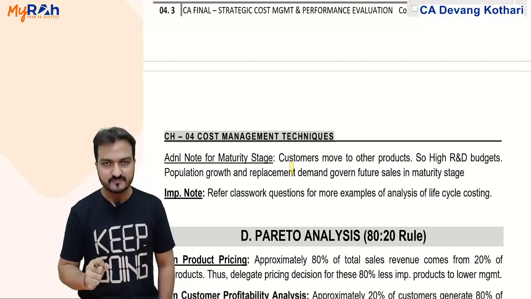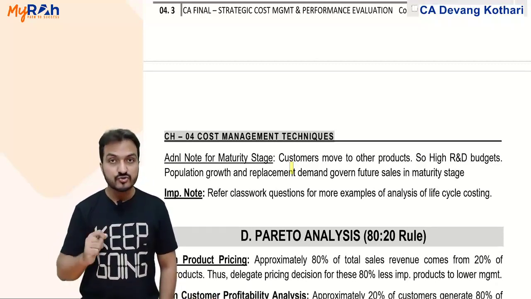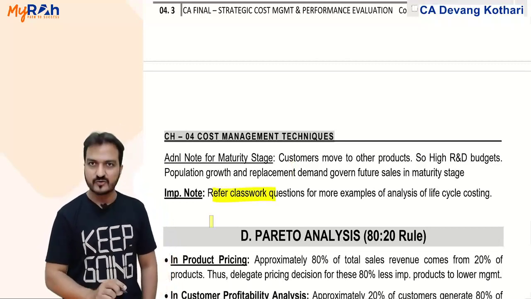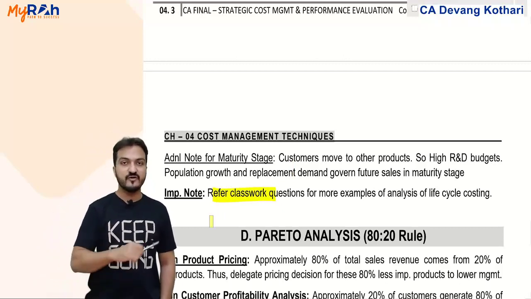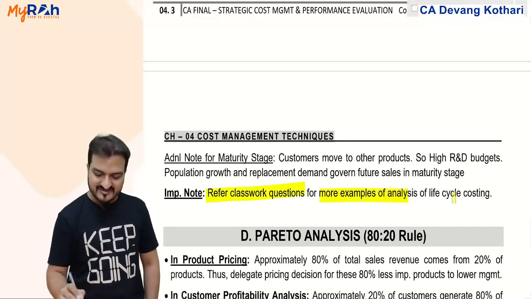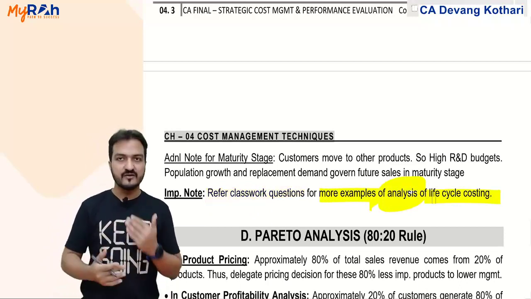Now this analysis which I explained here covers everything that you need to write in your analysis in your case studies. But still, I recommend that you refer to all examples of life cycle costing from the classwork. Maybe not on the last day revision, but before your last day revision, at least refer to the classwork questions for more examples of analysis of life cycle costing, so that you can relate.